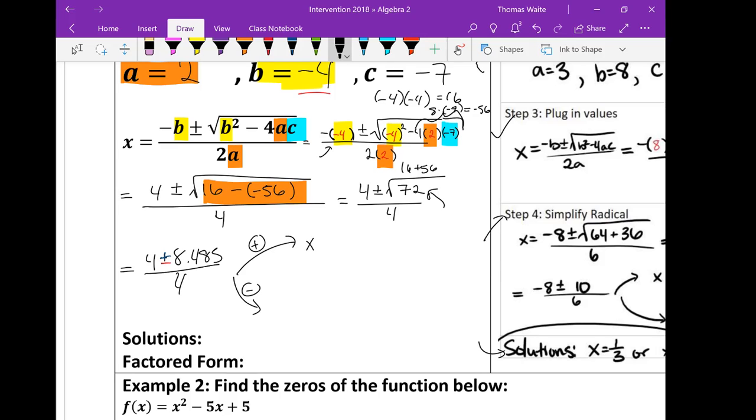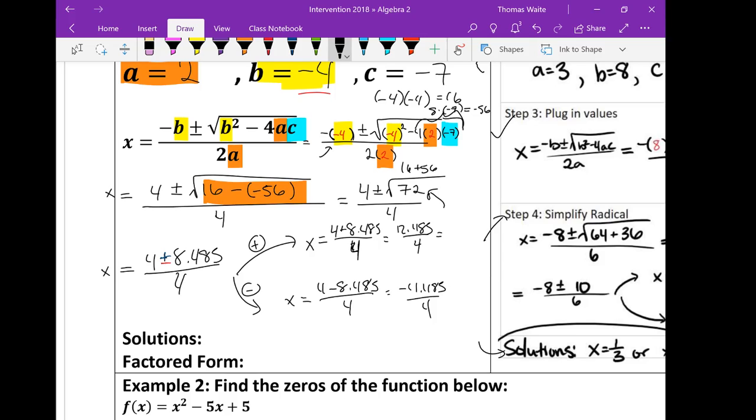If we added, we would get x equals 4 plus 8.485 all over 4, and on bottom we get x equals 4 minus 8.485 all over 4. Simplifying, that's going to be 12.485 all over 4, and on bottom we get negative 4.485 all over 4.